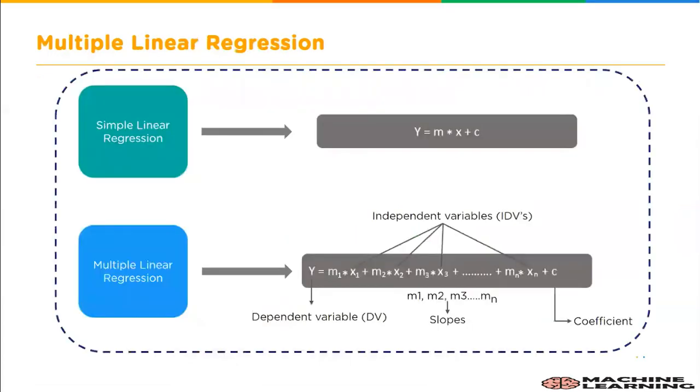Now, when we have only one input, just like the example I told you at the very beginning, where you have the number of hours studied and you are calculating the output, how much a student is scoring, you go through simple linear regression.